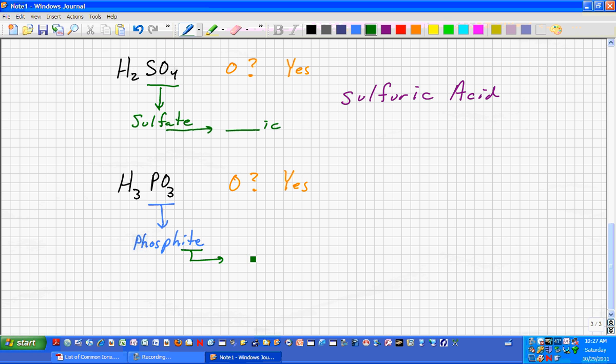That ITE ending tells me this is blank us acid. But again, because this is an exception, phosphorus-containing acids, we're going to keep phosphor as our root, and then OUS is the ending, acid.